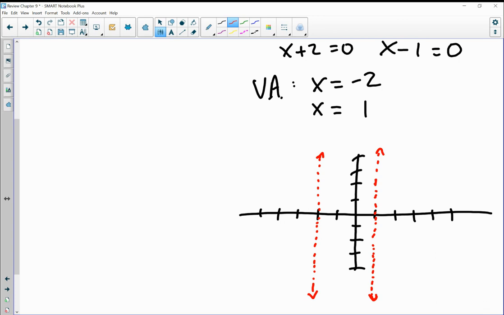Around negative 2, we could go out to negative 3, 4, 5, get the 2 points in between, negative 1 and 0. And then we could do points 2, 3, and 4. Okay, so let's make a table.